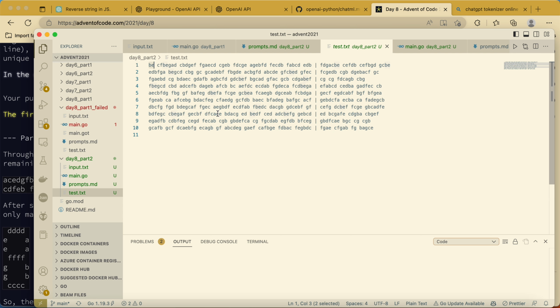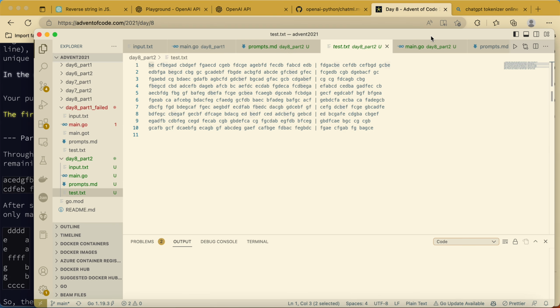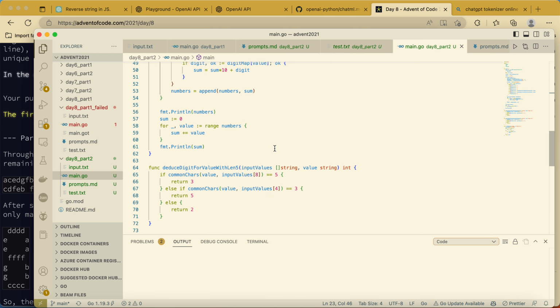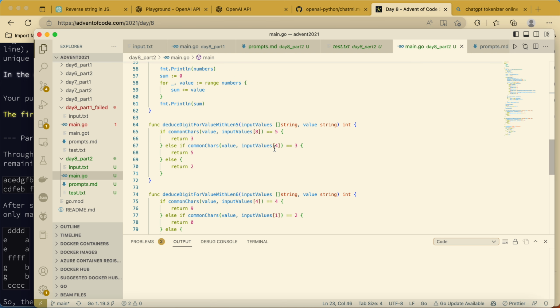It's simply not like an index 1 etc. And here in my solution I was simply assuming that that's the case.